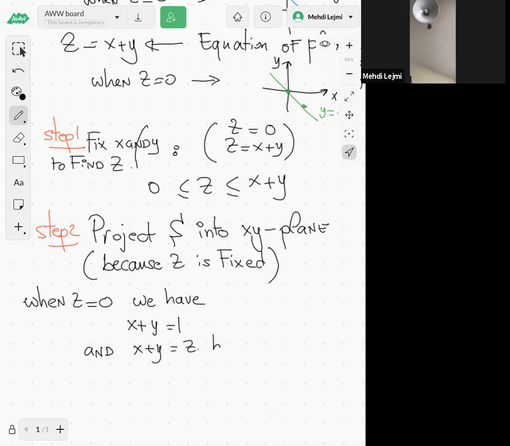So this equation here, because z is 0, becomes x plus y equals to 0, right? Because my z is 0. So we are in the xy plane, right?